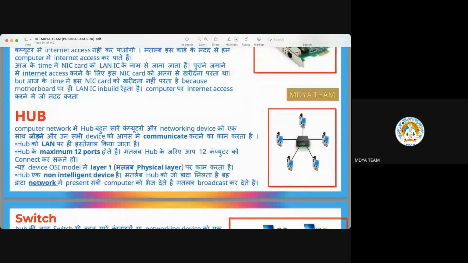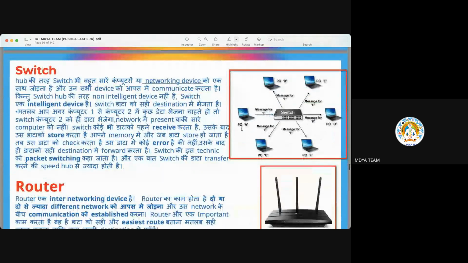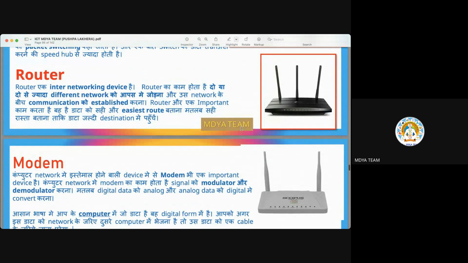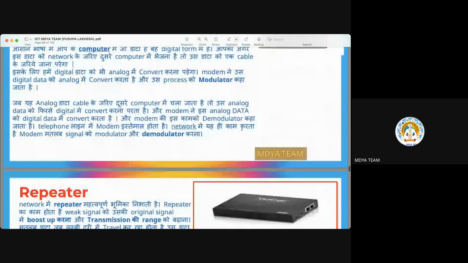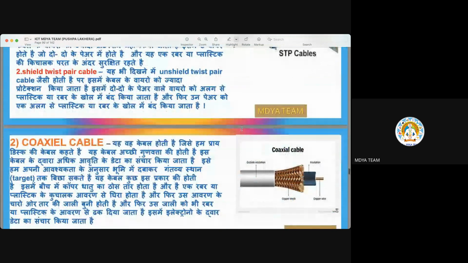Hub we discussed, it's a central device. Switch we discussed, router we discussed. It is an internetworking device to connect two or more different networks. Modem we discussed, repeater we discussed. Cable also.